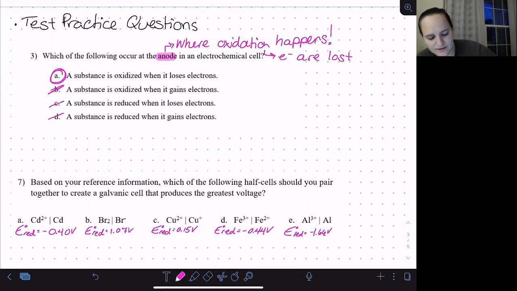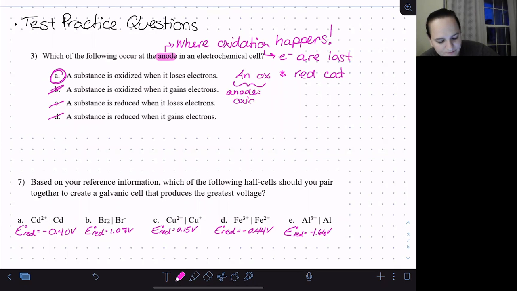So for anode versus cathode, this is really kind of a weird one, but if you remember the phrases "an ox" and "red cat": anode is oxidation, and cathode is reduction, or reduction is cathode.